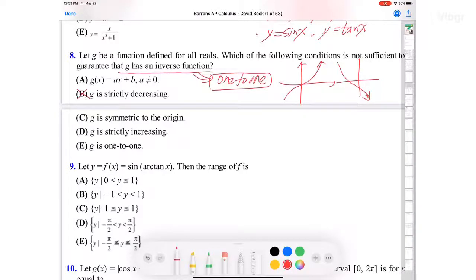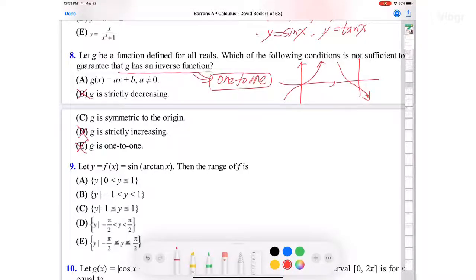And what about D? g is strictly increasing. That's right. And what about E? g is a one-to-one function. I told you, only a one-to-one function has an inverse function. So B, D, E are right. What about A? ax plus b, but a is not 0.